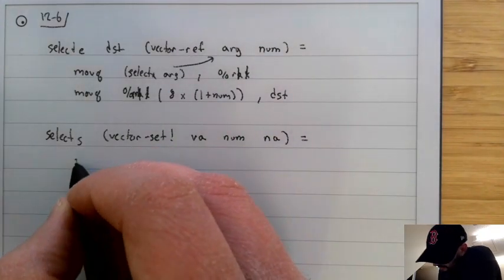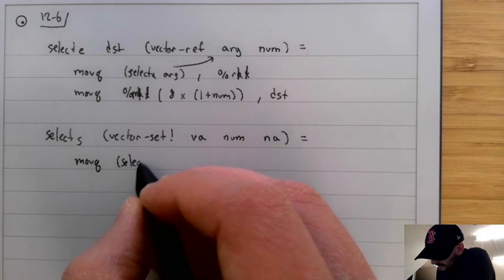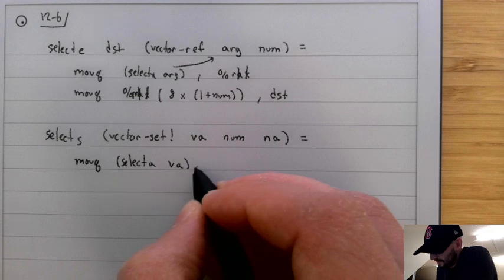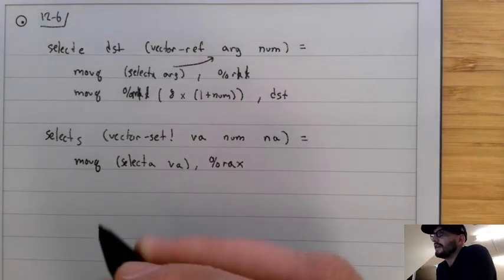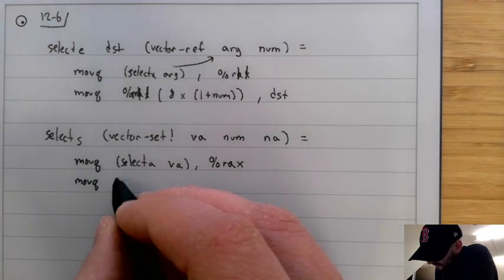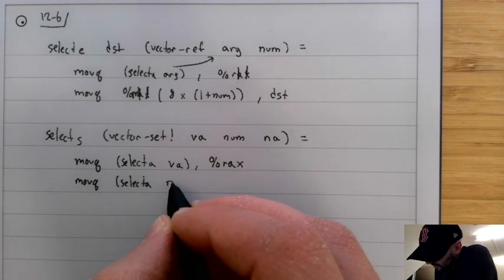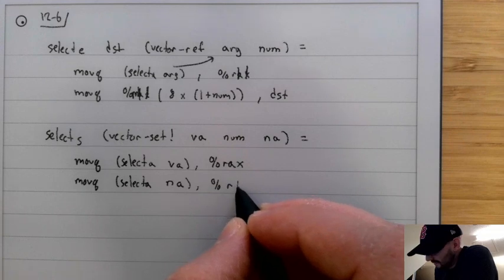What we do there is we're going to move Q of select A of the vector argument into RAX. Then we're going to do a move Q of select A of the new value argument into R11.